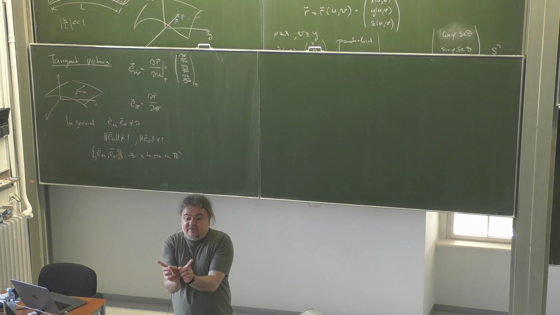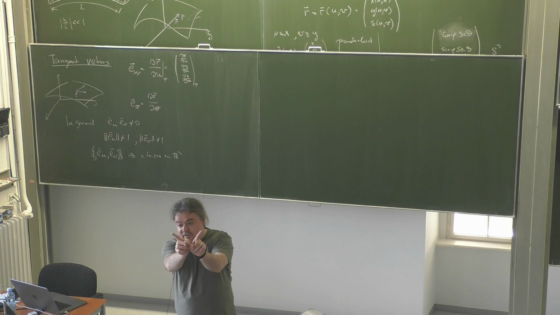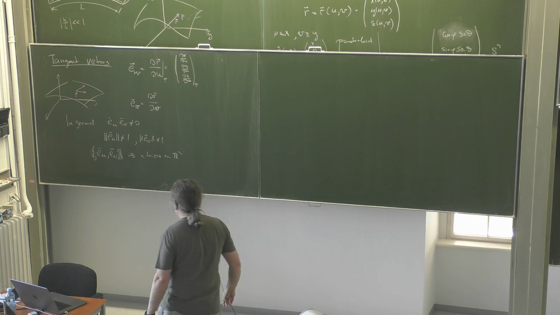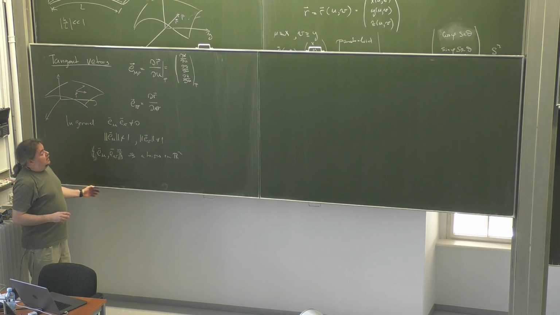So I cannot have a situation where E_u and E_v are collinear, because then my surface would be wacky. So I'm assuming that everywhere they do whatever they want, but they are never collinear. That's the assumption. Okay, so far so good.